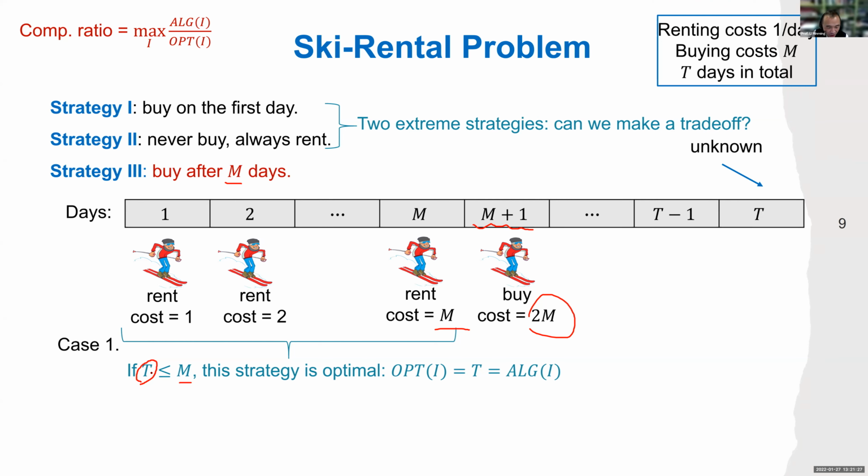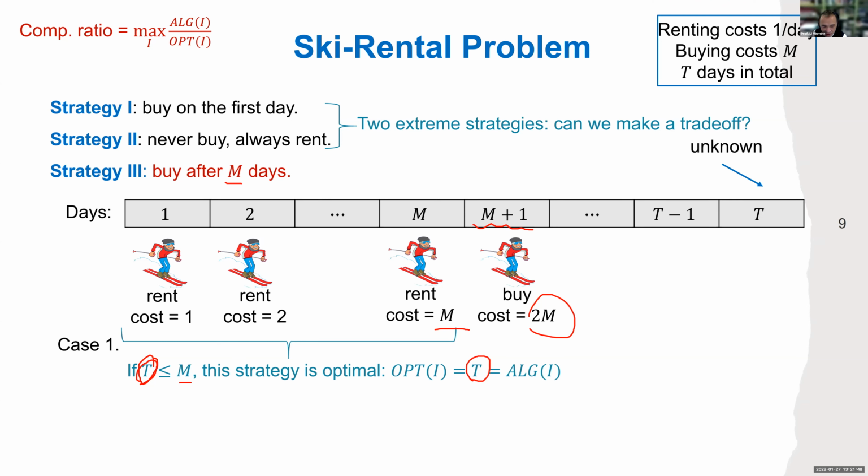If your time T is less than or equal to M, then your algorithm only takes cost T, which is better than buy. So optimal will also not buy. Optimal just rents. So in this case, optimal solution and your algorithm solution are the same.